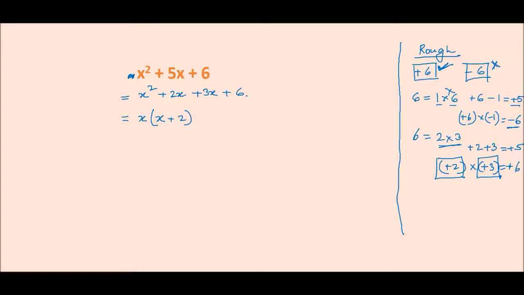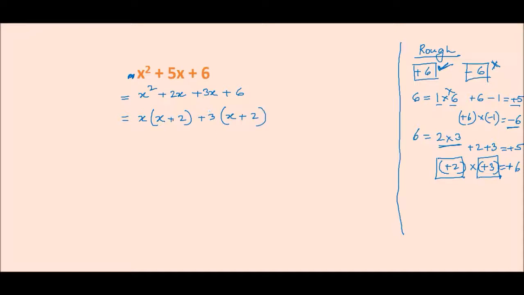For the third and the fourth term, the common factor is plus 3. From the third term, we have x within the bracket, and from the fourth term, we have a plus 2.